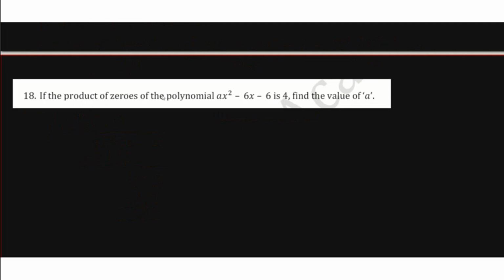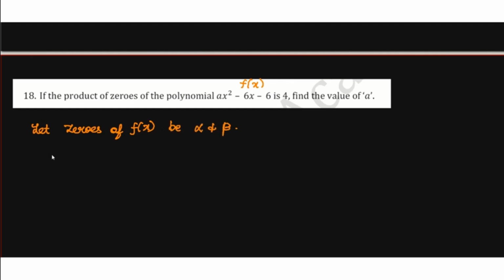If the product of zeros of polynomial ax square minus 6x minus 6 is 4, find the value of a. Now let me name this polynomial as f of x. So let me consider two zeros of f of x. Let zeros of f of x be alpha and beta.